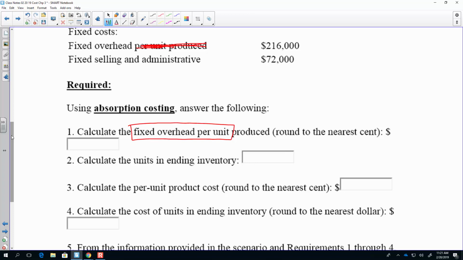The 216,000 divided by the units produced, the 60,000, which gives you 3.6.